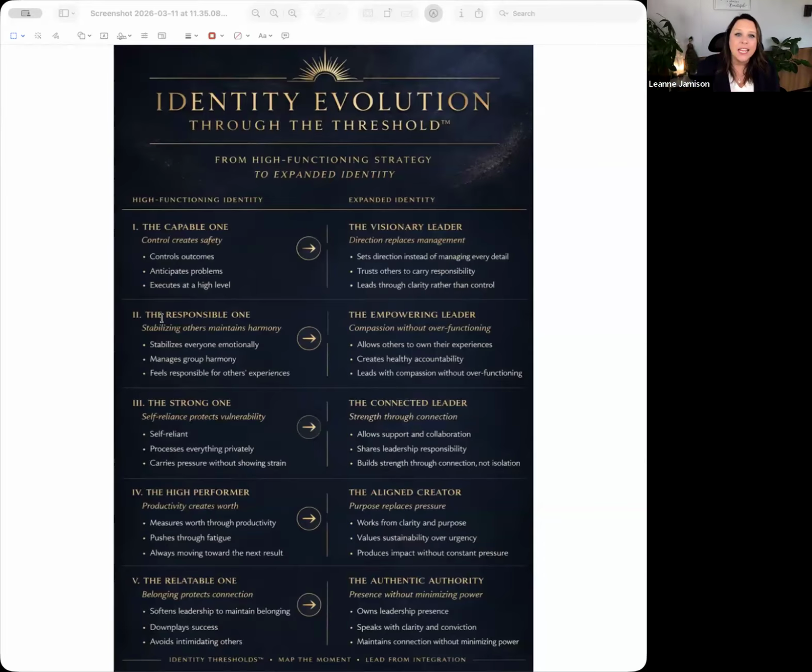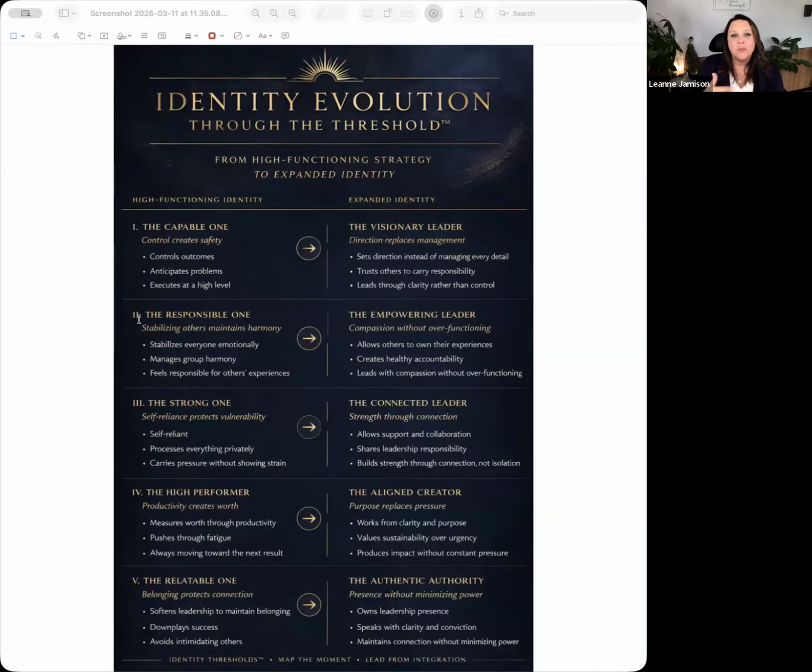So, what gets to change when we shift into the aligned creator? The urgency that drove her, drove you, right, becomes a choice rather than a compulsion that we need to complete, right? She can pause. We can rest and reflect without your identity destabilizing.